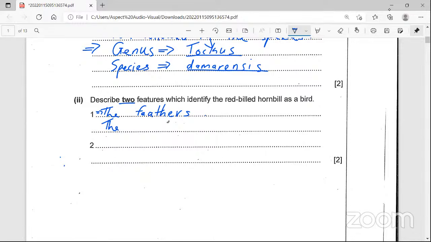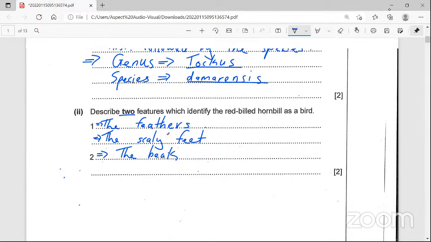The legs. What do you call them? Scaly? I'm hearing scaly feet. What else? So the legs are not scaly. The beak. All together. So any of those, you get your mark.